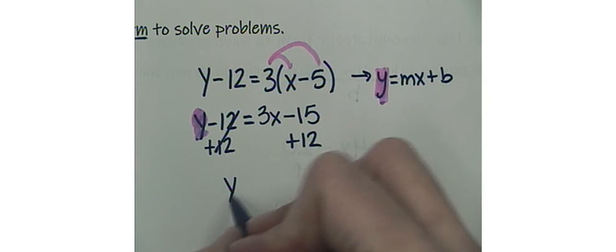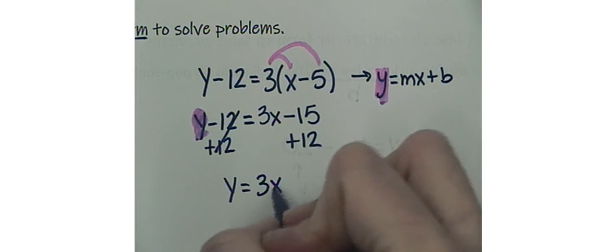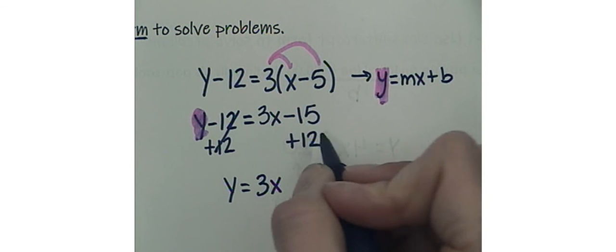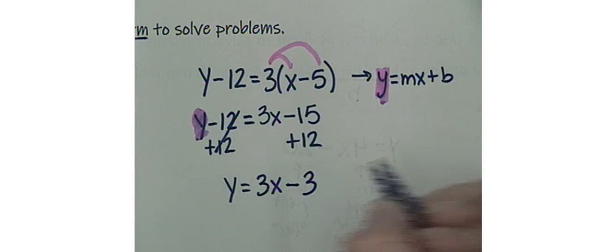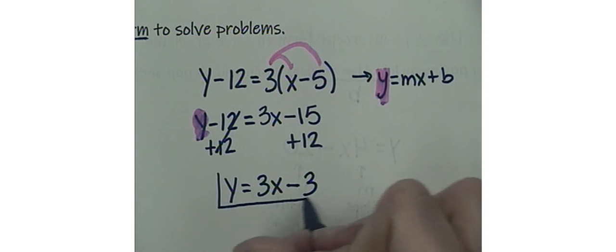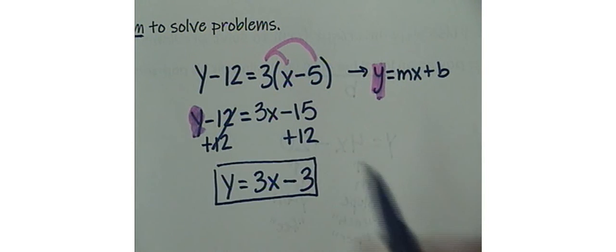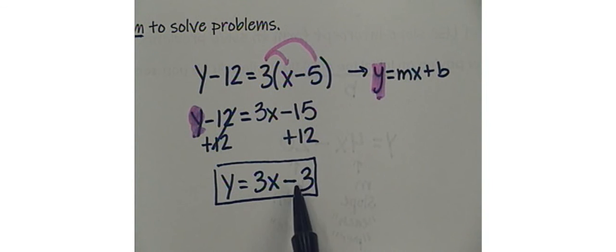So y equals 3x, negative 15 plus 12. Keep the sign of the bigger number. We get negative 3. Now this is in y equals mx plus b. 3 is my m, my slope. Negative 3 is my b, which is my y-intercept.